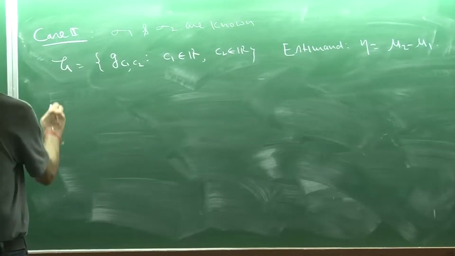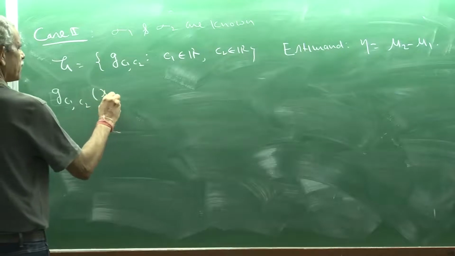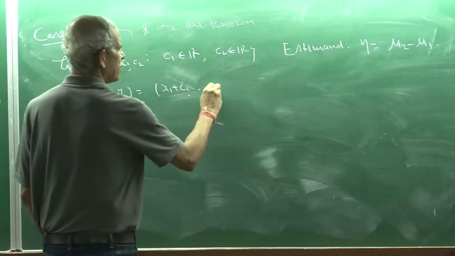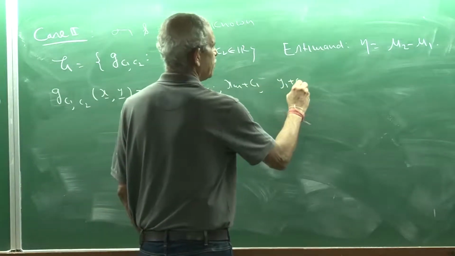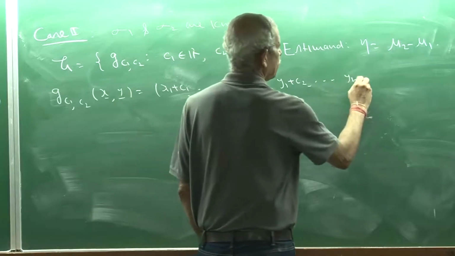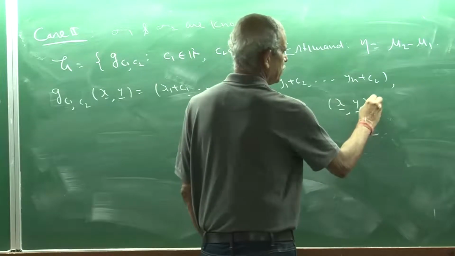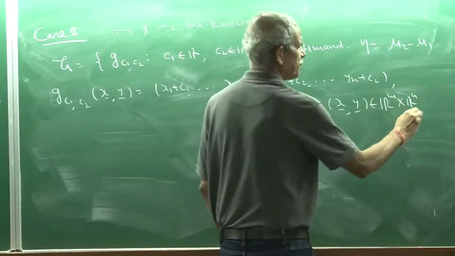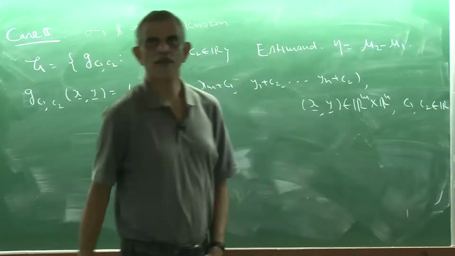And what I do is g c1, c2 of x comma y is the same as x1 plus c1, ..., xm plus c1, y1 plus c2, ..., yn plus c2. x comma y belongs to Rm cross Rn. c1, c2 both are in the real line.